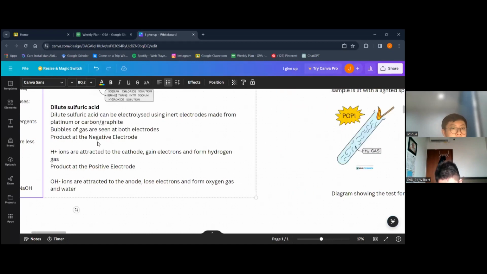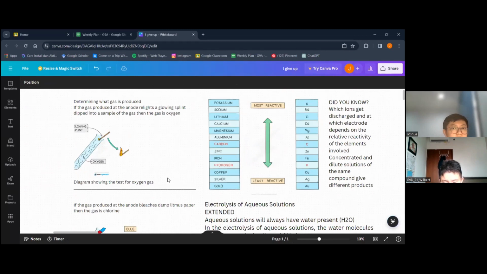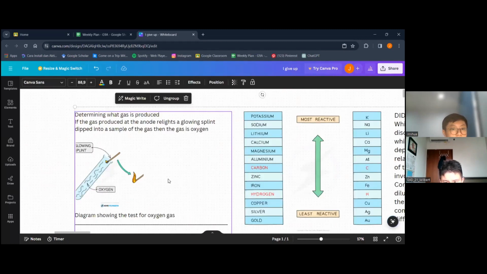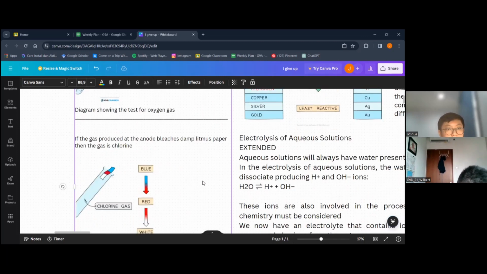And there is actually a way to test for the gas produced. For example, if the gas produced at the anode relights a glowing splint, which is essentially a stick with a glowing end, you can dip it into a test tube to test for the gas. And if the gas produced at the anode bleaches damp litmus paper, then the gas is chlorine.